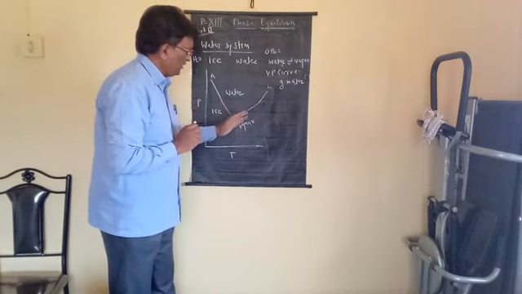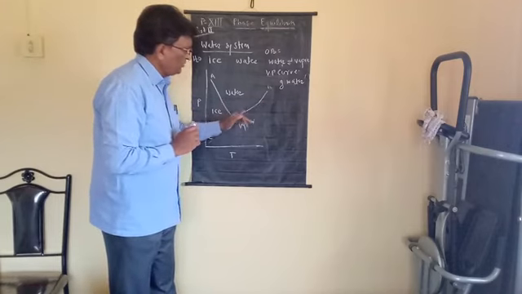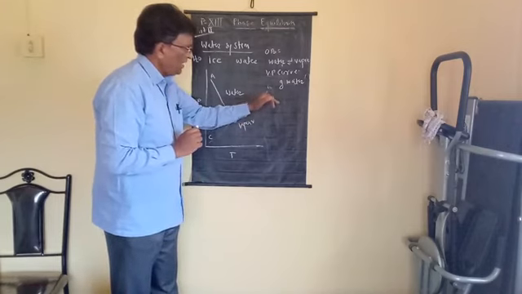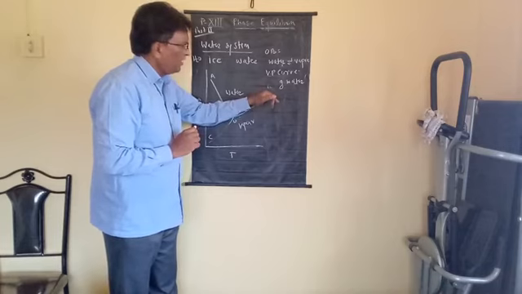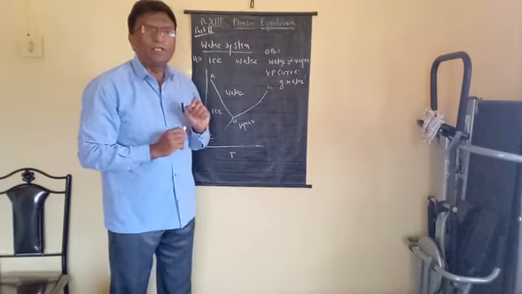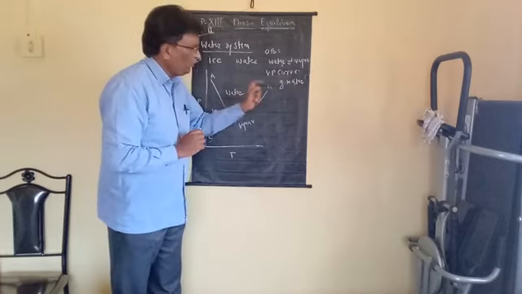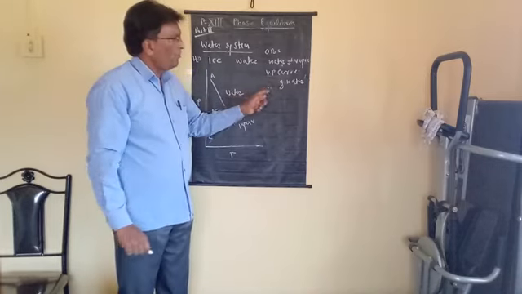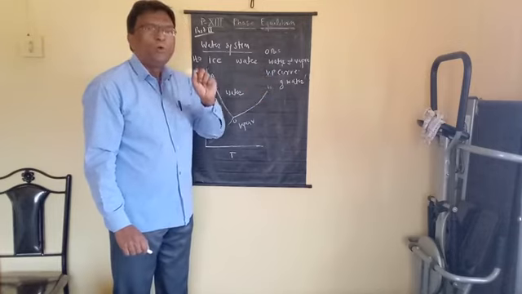As temperature increases, we come across this curve OB, and here at point B, which is called the critical point, up to which we can measure the vapor pressure of water.